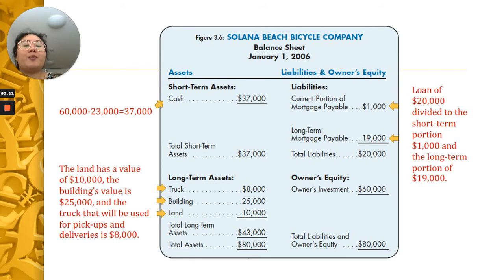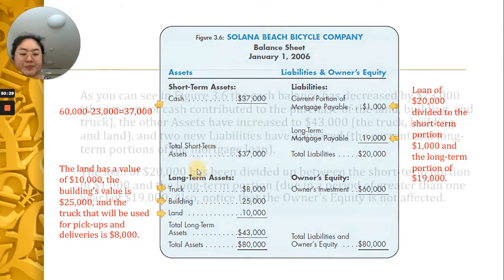So you sum up the liability plus owner equity, 20,000 plus 60,000. The total liability and owner equity will equal 80,000.